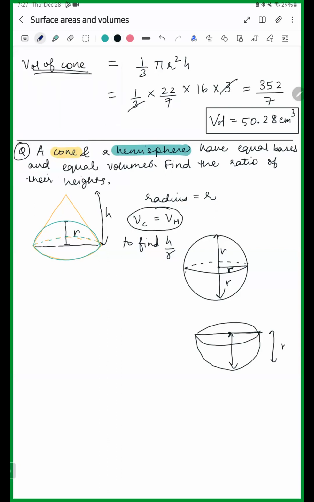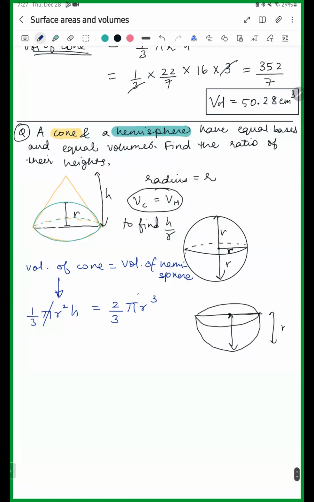So volume of cone equals volume of hemisphere. It is given in the question. Volume of cone equals 1 by 3 pi r square h. And volume of hemisphere is 2 by 3 pi r cube.